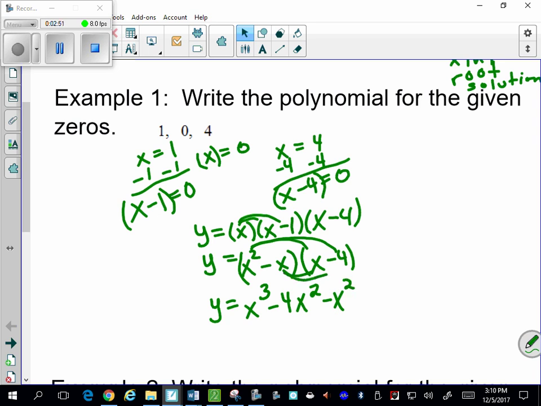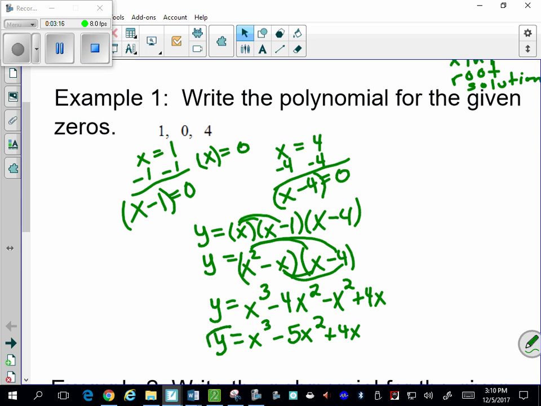Negative x times negative 4 is 4x. Looking at your like terms, there's only one term with an x cubed. Two terms here: I have negative 4x squared, and I'm subtracting 1 more x squared, so it's negative 5x squared, and then plus 4x. So this is the polynomial function.